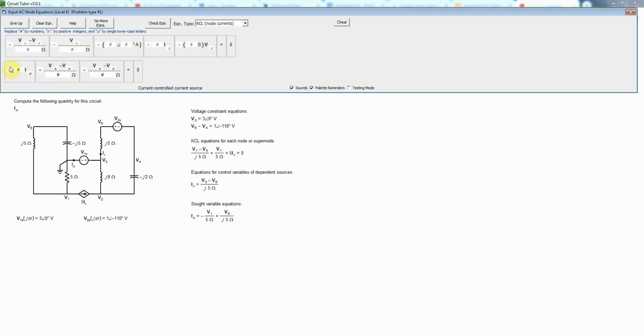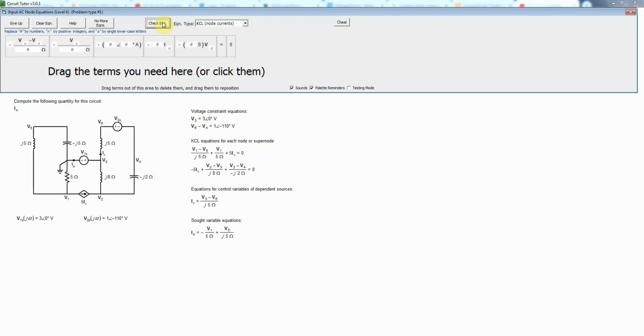So we have minus 5ix, and then we have the current going this way through the J8 ohm inductor, so that's going to be V2 minus V3 divided by J8. And then we have the current going this way, so that's going to be V2 minus V4 divided by now minus J2 ohms. And that's it for that equation, so that's correct.